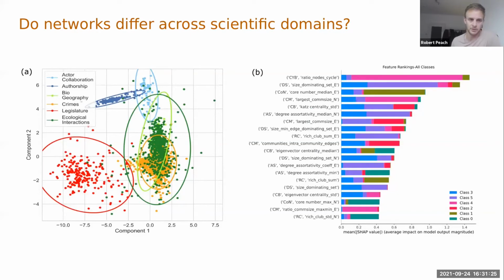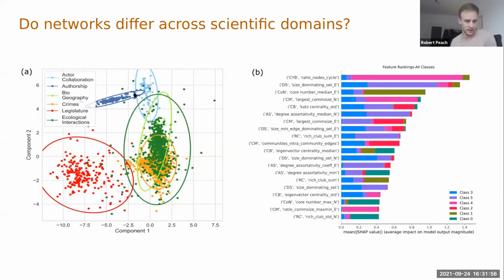So we have things like active collaborations, crimes, biogeography, ecological interactions. Here we've just taken the feature space, I think this is a PCA, just trying to visualize where these communities exist, and we can see very clear clusters of these different scientific domains.